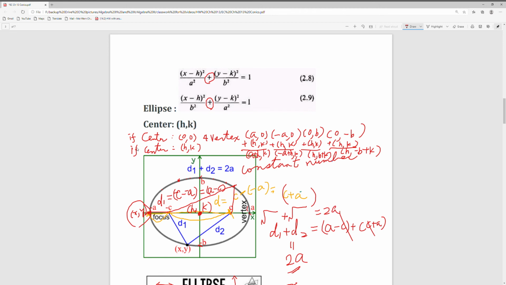So you calculate distance 1 plus distance 2. That's a very complicated calculation. You may find the detailed calculation if you prefer to read. It is understandable. You may find it in our PowerPoint.